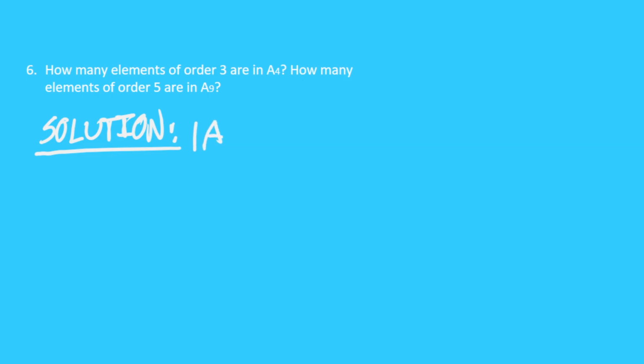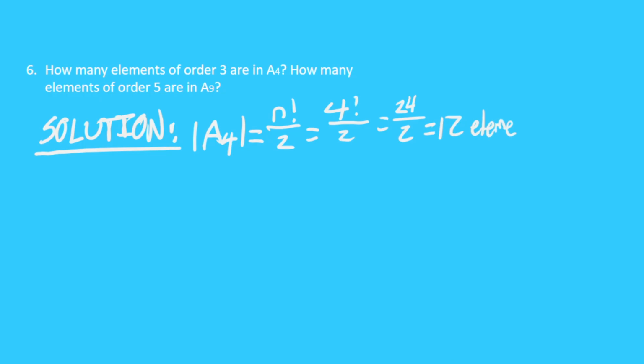So the order of A4, if you remember when we talked about it in the lecture, is n factorial over 2. So we have 4 factorial over 2, which is 24 over 2, which is 12 elements.